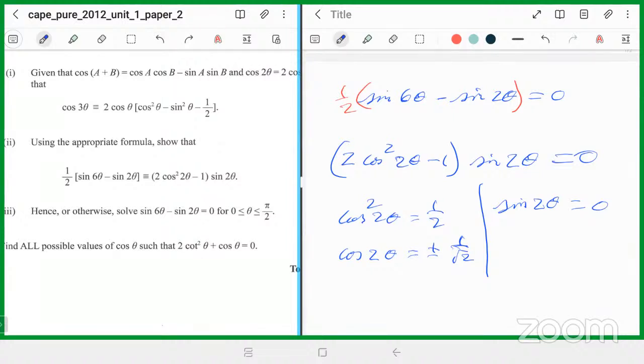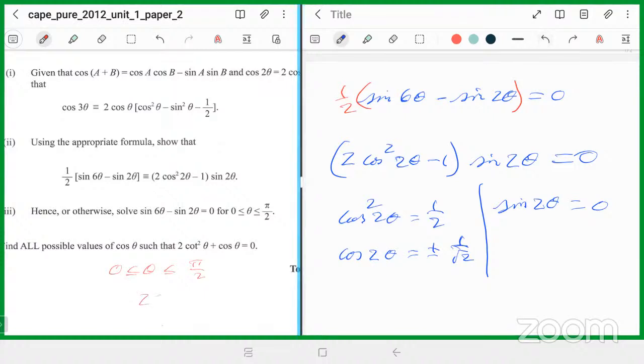Let me show you something. If you're solving this between 0 and 90, what we're solving for initially is 2 theta. If you want theta to be between 0 and pi by 2, then when you're calculating the 2 theta here and here, you're going to have to double the range that you're finding them in.